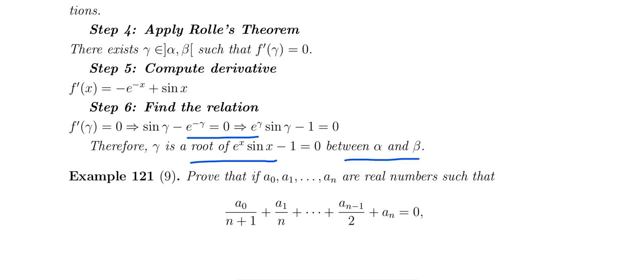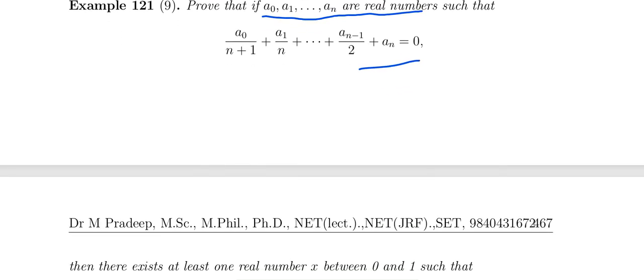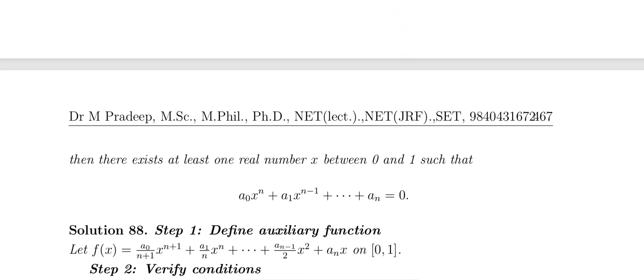Okay, அதே மாதிரி a0, a1, an என்பது real numbers such that a0 by n plus 1, a1 by n, plus and so on, an minus 1 divided by 2 plus an equal to 0. இது மாதிரி question கேட்கலாம். இதெல்லாம் ஒரு standard result மாதிரி. Then there exists at least one real number x between 0, 1 such that a0 x power n something.